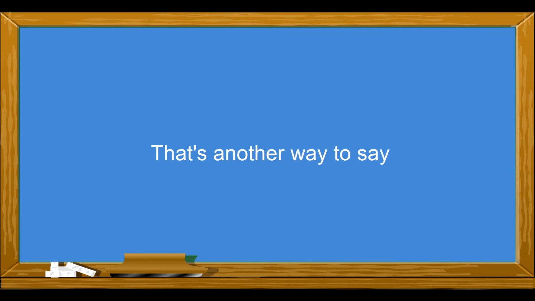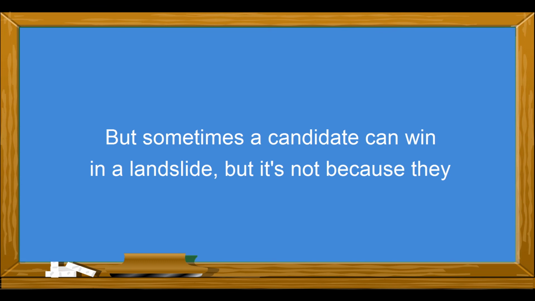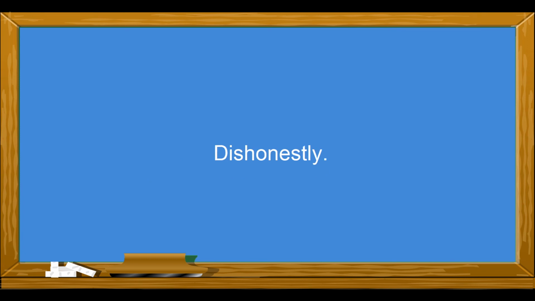That's another way to say that the candidate has won big. They won with a large majority. But sometimes a candidate can win in a landslide, but it's not because they got a lot of legitimate votes, but it's because they cheated dishonestly. We call that electoral fraud.